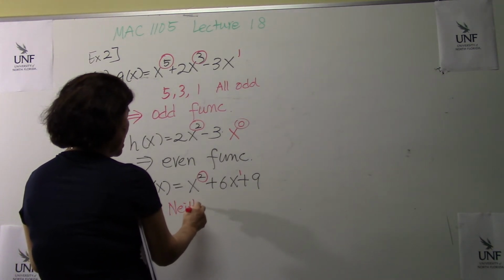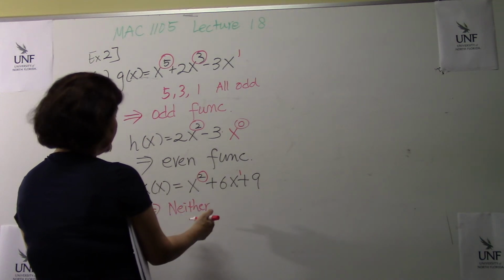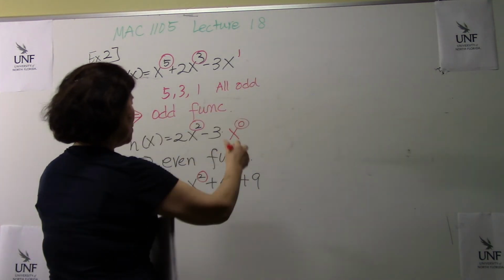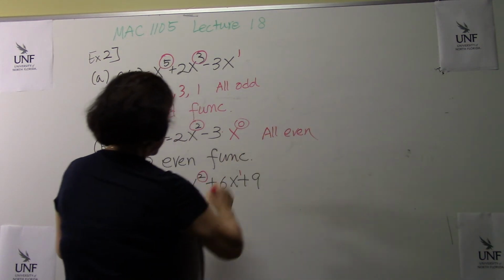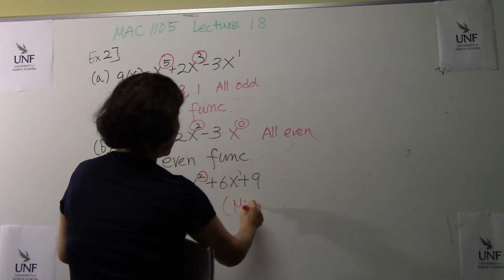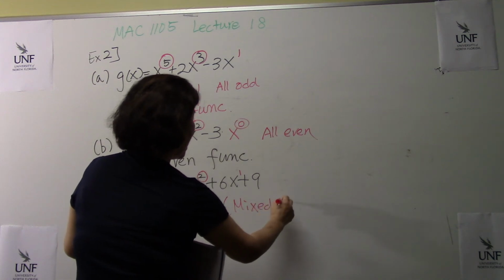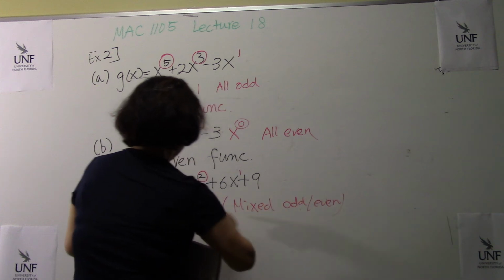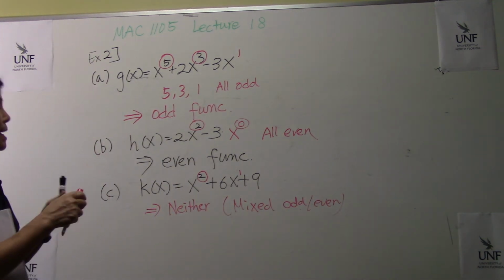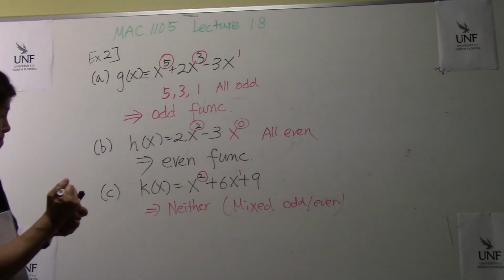It has to be one way or another: all odd powers or all even powers. If it is mixed powers of odd and even, in that case, we must call it neither.